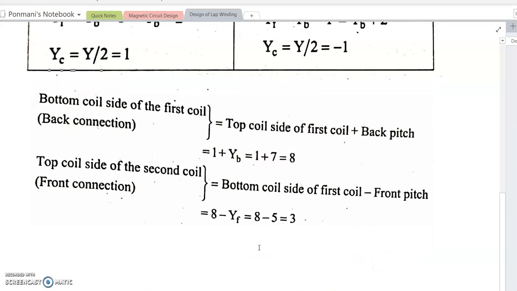So I will write it here now. For back connection it is the top coil side of the first coil plus back pitch, and for front connection, the bottom coil side of the first coil, that is this result, minus front pitch. So first coil side plus back pitch, and the result minus front pitch. Here in this problem we will first calculate the back pitch and front pitch.